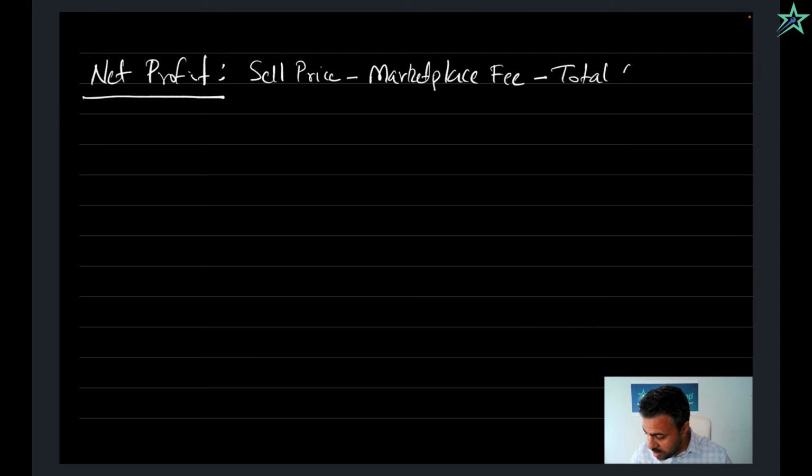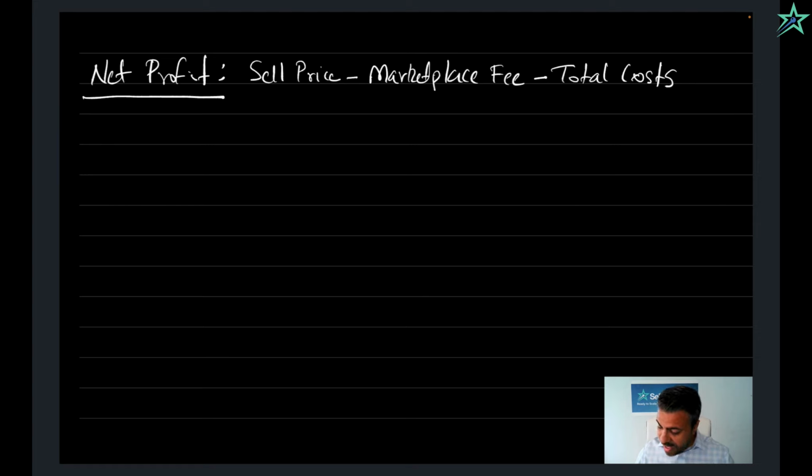Okay, simple enough, right? The price at which you sold the product minus Amazon, eBay's, Walmart, whatever marketplace you're selling it on, their markup, their cut, their referral fee, minus your total costs. The amount of money, what it costs you to actually buy this product, put it on your shelf, and ship it out when the customer bought it.